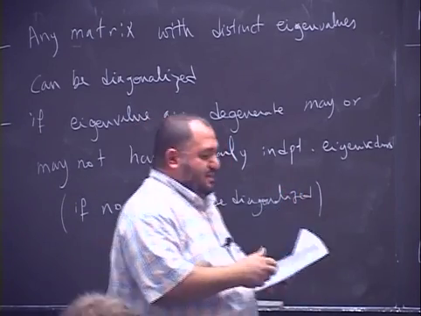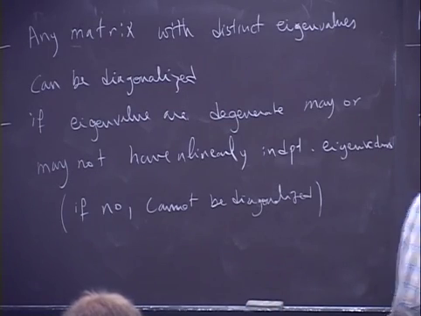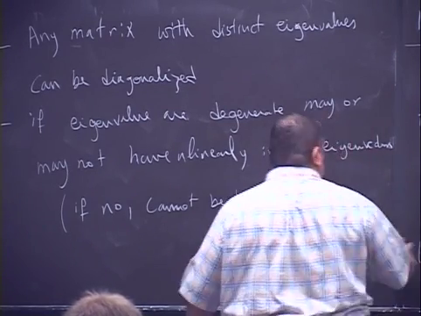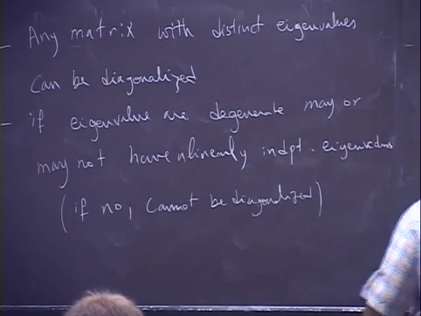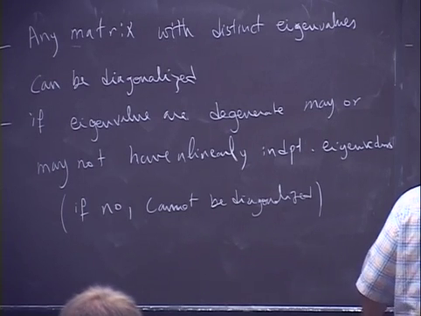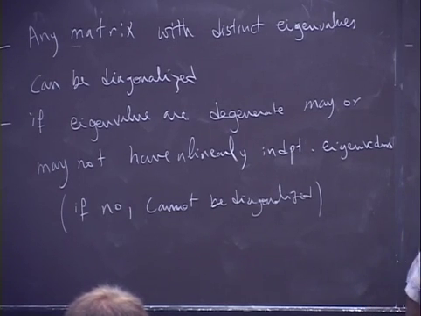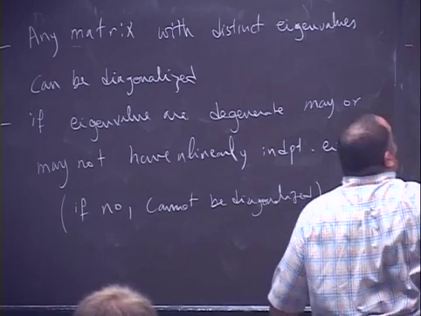So let's see a couple of examples of how to diagonalize a matrix. And we will study two cases. One case is when the lambdas are distinct, so it's the non-degenerate case, and the other one is the case when you have a degenerate eigenvalue.